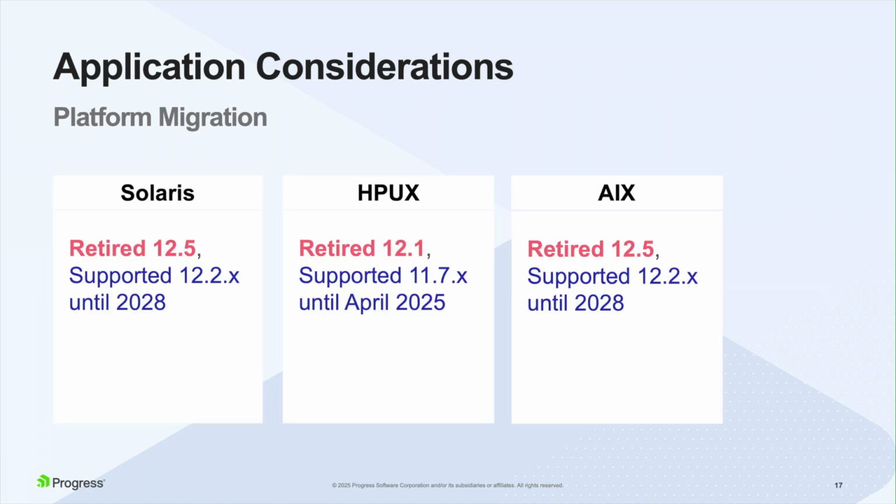In terms of platform considerations, the Solaris platform will be retiring in 2028, and OpenEdge is available up to 12.5 on Solaris. 12.2 would be the last long-term supported release. HPUX is already in retirement, and AIX will be available until 2028, with the last long-term release being 12.2.